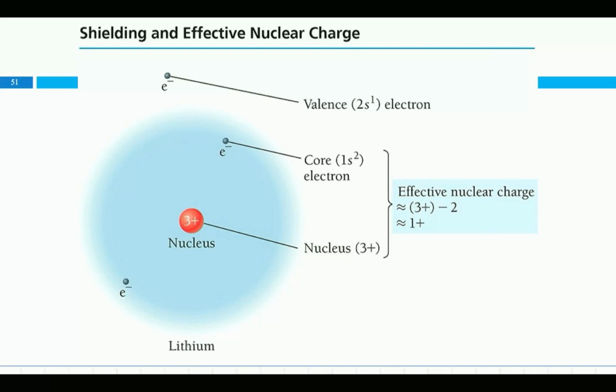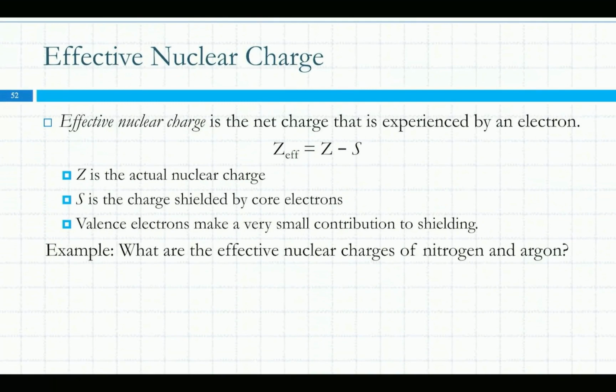And so we're going to just calculate it as simply as possible. The effective nuclear charge is the actual nuclear charge, which is just the number of protons. So for lithium, it would be 3+. 3+ minus however many core electrons there are. So in lithium, there's going to be 2 core electrons, so our Z effective ends up being 1+.